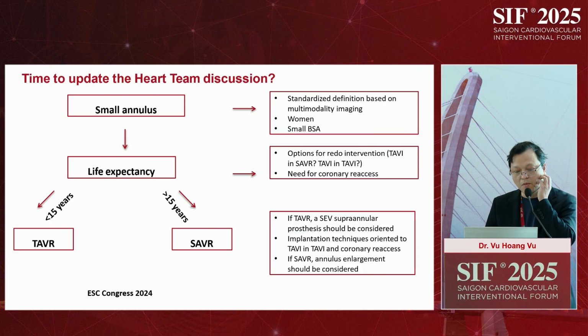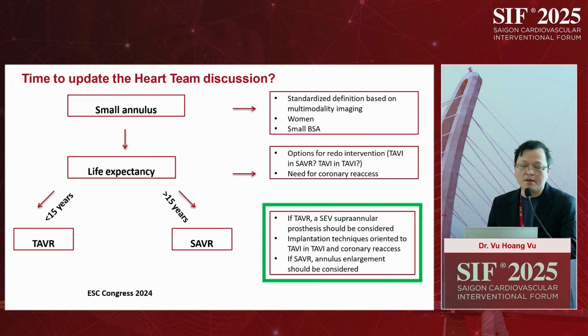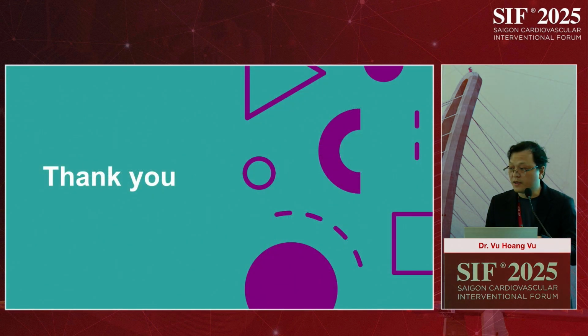If we have a small annulus, we have to have a team discussion, of course, and think about the supra-annular option. If we do open surgery, we think about annulus enlargement surgery, but I think not many centers can do this procedure. So thank you for your attention.